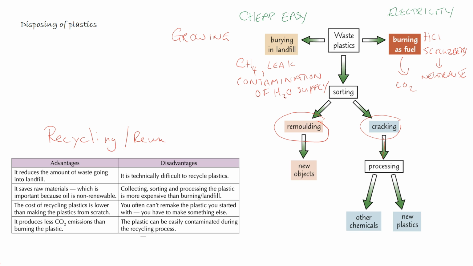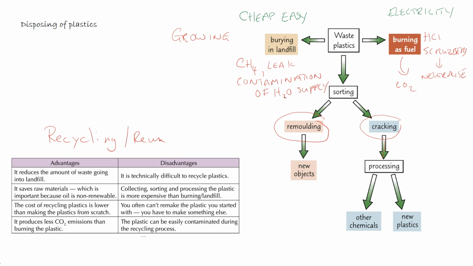It reduces the amount of waste going into landfill, which is good, and saves on raw materials. The cost of recycling is usually lower and it produces overall less CO2 emissions. However, the disadvantages here are it's technically difficult to recycle plastics. Collecting and sorting them is a rather tedious process and is often more expensive than burning or landfill. You can't often remake the plastic you started with.